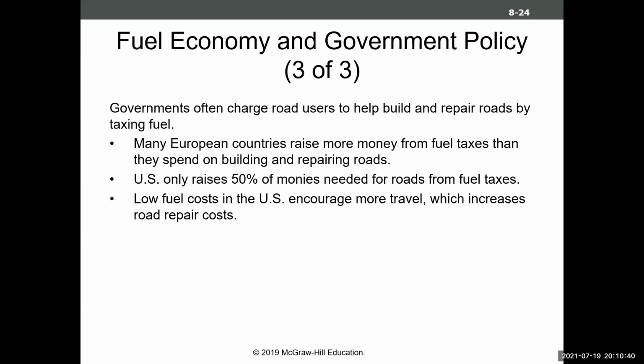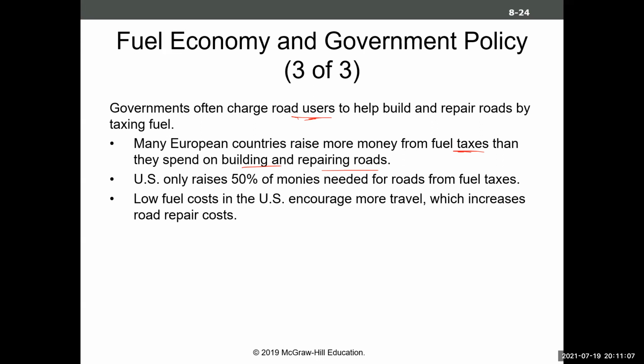Some governments will charge road users, right, to help build and repair roads by taxing fuel. You'll see signs in the US like construction paid for by your tax dollars. European countries raise more money from fuel taxes than they spend on building and repairing roads.